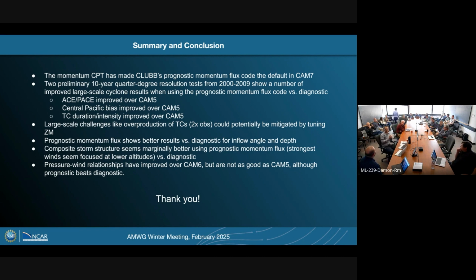Just a quick clarification. When you say Cam 6, it has 32 vertical levels, and the Cam 7 has... I believe that's right. Yeah, that's right. Adam? So maybe Cecile can clarify, but didn't you do some Cam 7 quarter degree simulations with Cam 6 vertical levels?